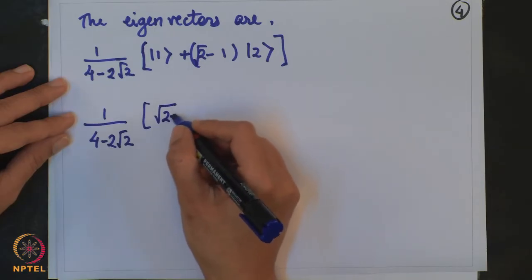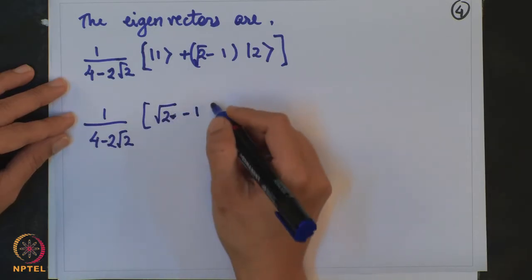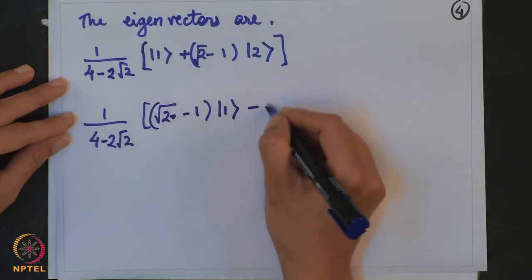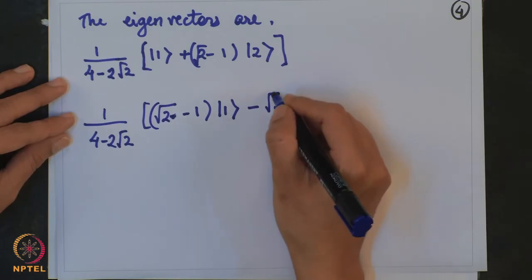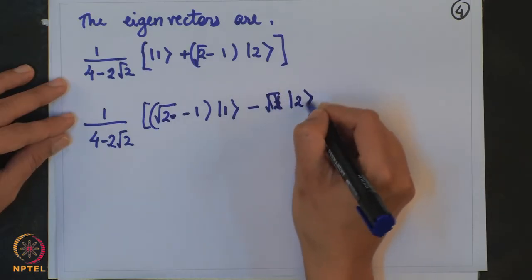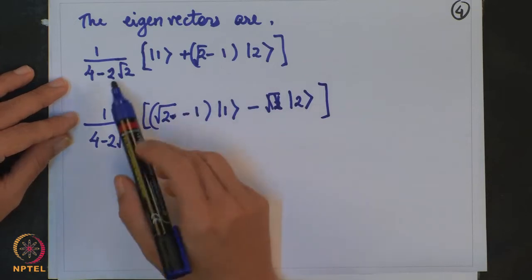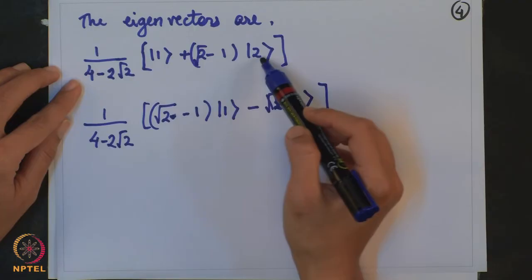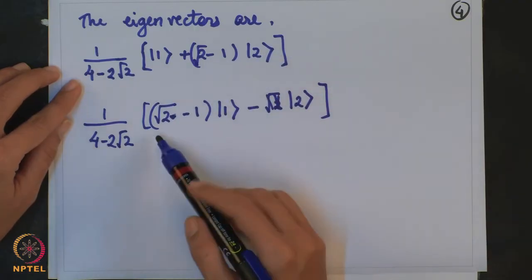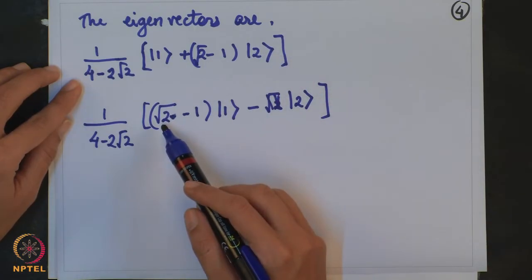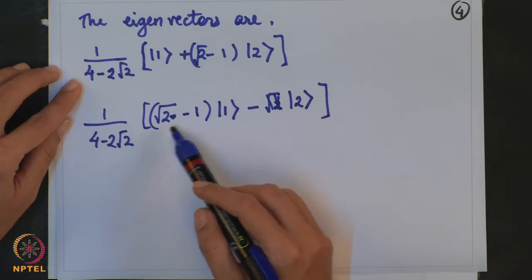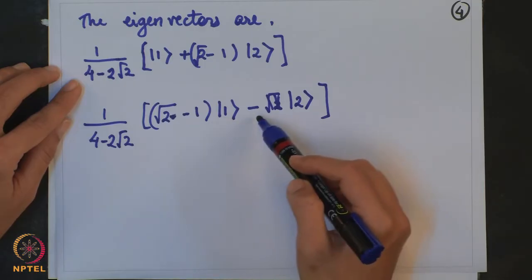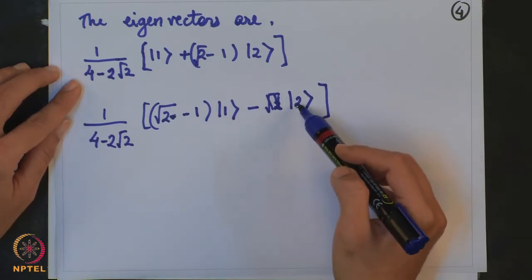So, the first one, with normalization, is ket 1 plus root 2 minus 1 ket 2, and the second eigenvector will be square root of 2 minus 1 on ket 1 minus ket 2.